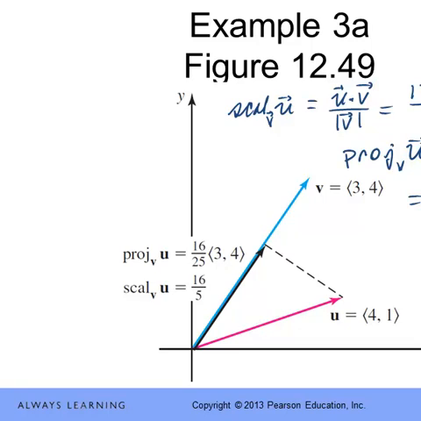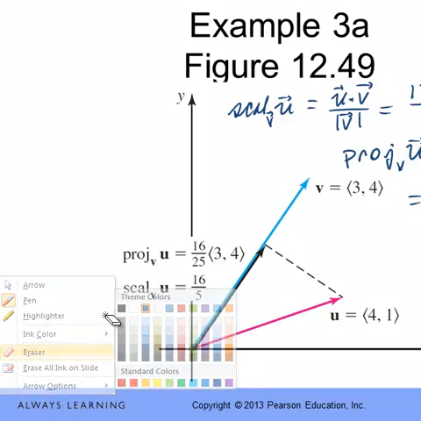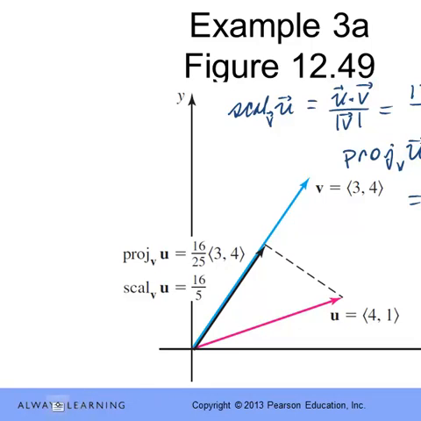Now, one way that you could write this vector is just 16 over 25 times (3, 4). Or if you want to multiply that scalar in, that's fine too. You have 48/25, comma, 64/25. So there's the projection of u onto v. One way of doing it.